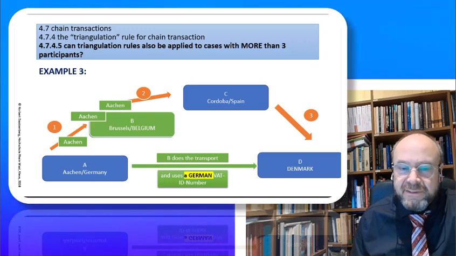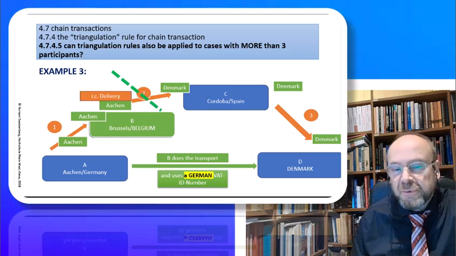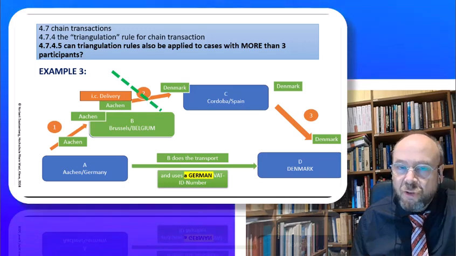A cannot declare an intra-community delivery from Germany to Germany. So it's clear that the second transaction is the one with movement of the good. So B has to declare an intra-community delivery in Germany in the EU sales list in Germany.